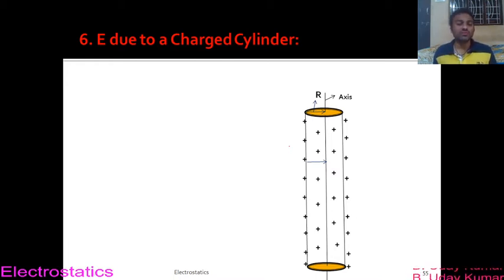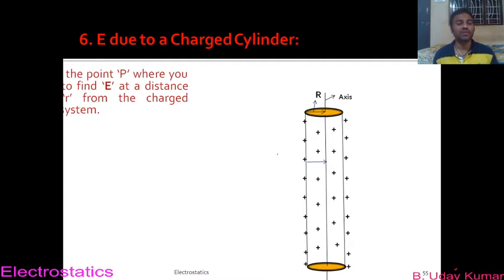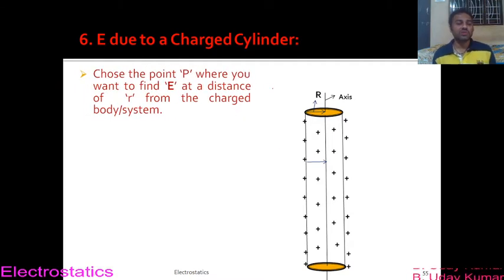Whatever the system of charge given to us, to find the electric field intensity, first of all you have to choose the point P where you want to find the electric field intensity. That is the first step. I have chosen a point P now.